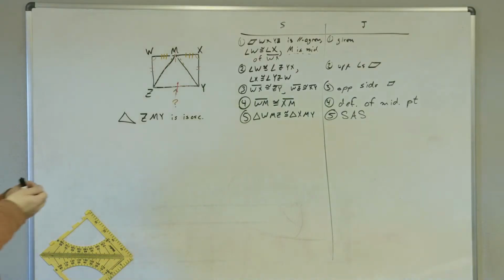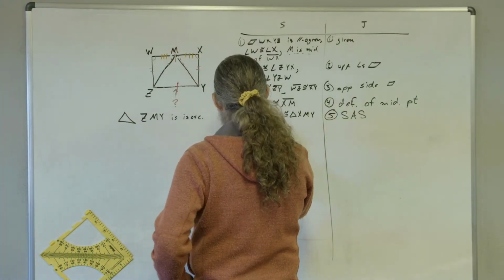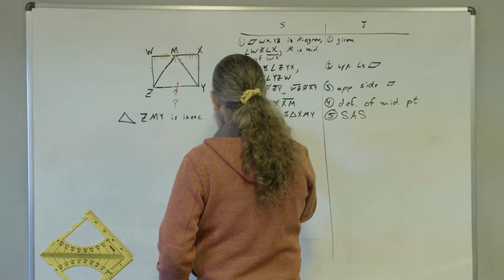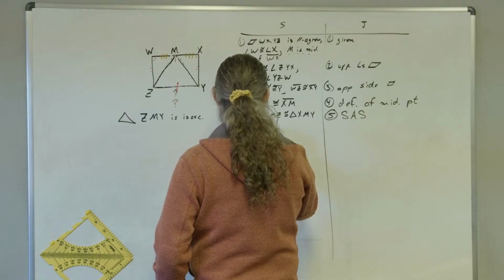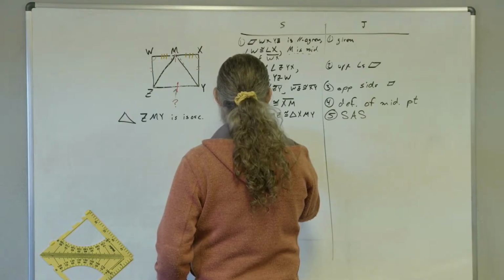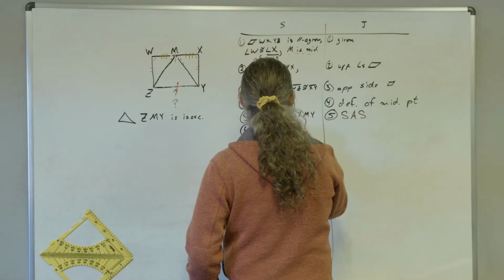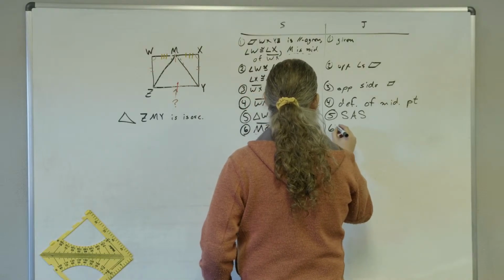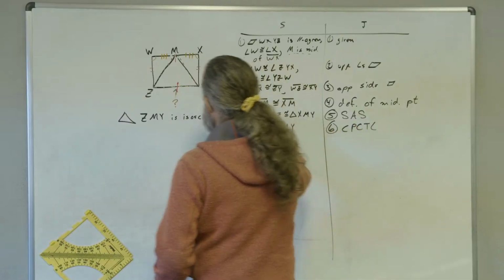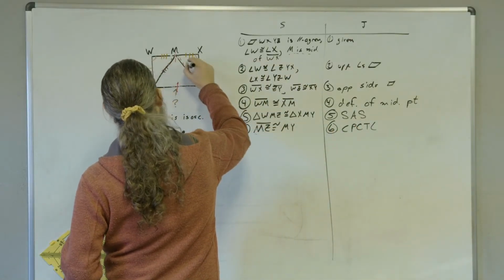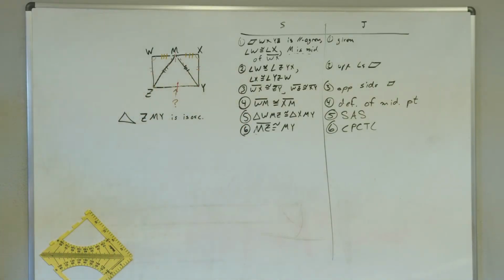MZ is congruent to MY. That is true. What lets us say that? Corresponding parts. That's right. CPCTC. MZ is congruent to MY because of CPCTC. So we said this is congruent to that, right? Because of CPCTC. So now what?